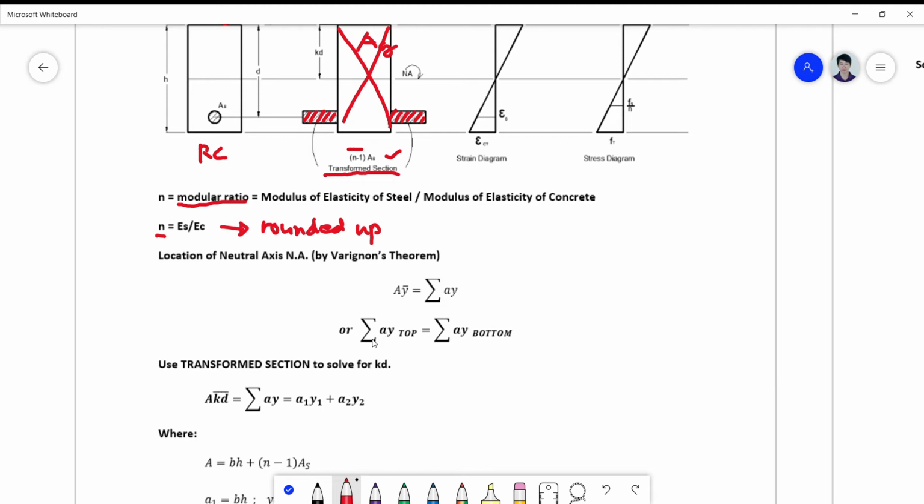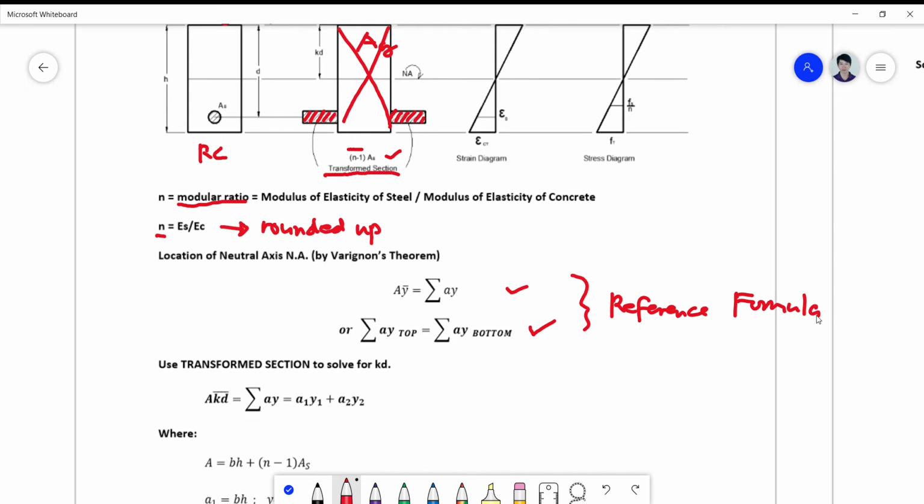Or simply, summation AY at the top is equal to summation of AY at the bottom. So you can use this or this as your reference equation or formula.